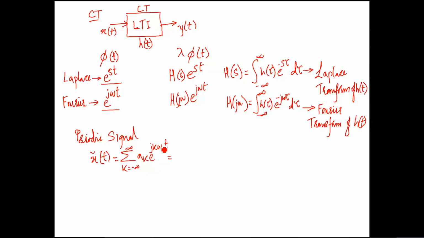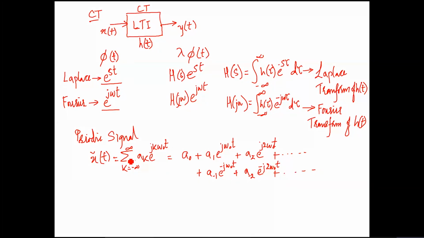If you put k equal to 0, you will end up getting a DC value or DC content, a naught, and then we can plug in k equal to 1. This will be a1 e raised to the power of j omega naught t, and then we have a2, the coefficient for e raised to the power of j 2 omega naught t, and it goes on and on. And similarly, we can put k equal to minus 1, which gives e raised to the power of minus j omega naught t, and similarly a minus 2, and it goes on and on.